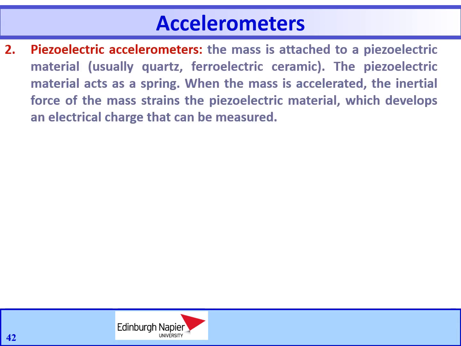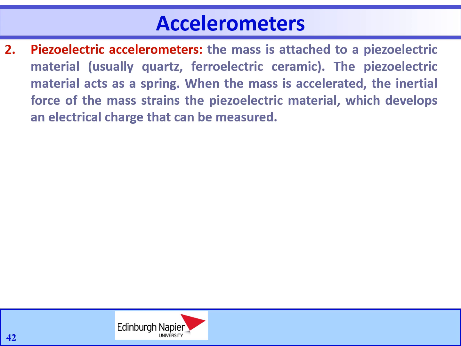A second class of accelerometers comprises the piezoelectric accelerometers, for which the mass is attached to a piezoelectric material, usually quartz or ferroelectric ceramics. The piezoelectric material acts as a spring.